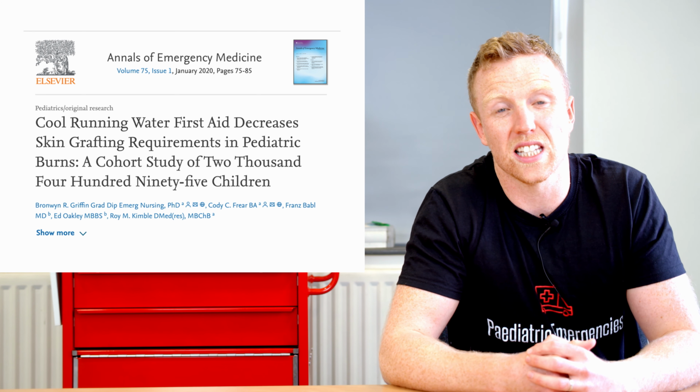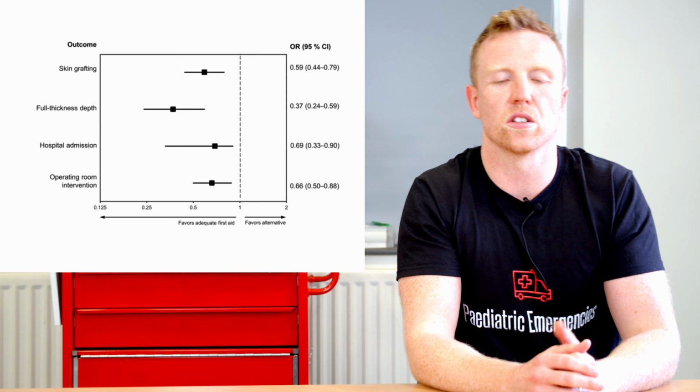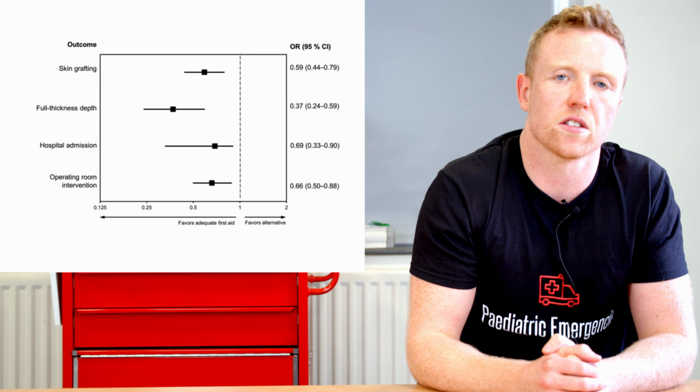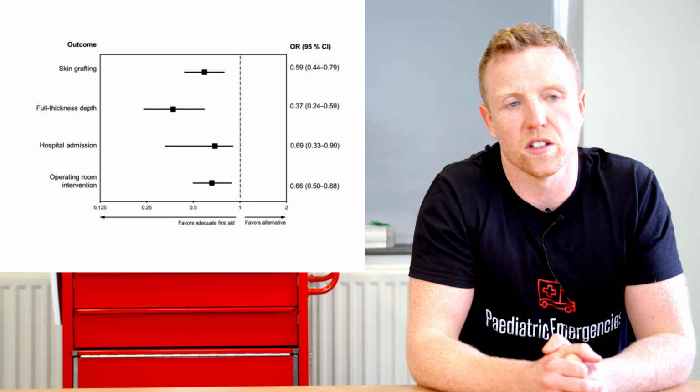So this study, which came out of Australia at the start of this year, looked retrospectively at 2,500 kids who attended a burns unit with an injury. Their primary outcome was skin grafting. So this is some of the results from the paper. The key results are displayed in this forest plot. Anything to the right of the forest plot favours intervention.